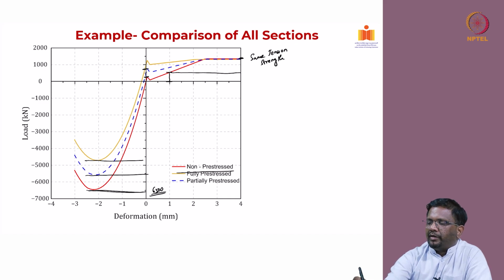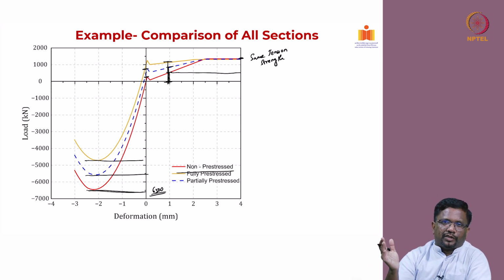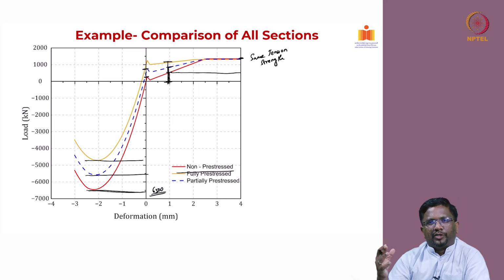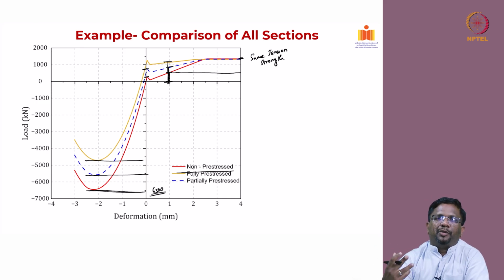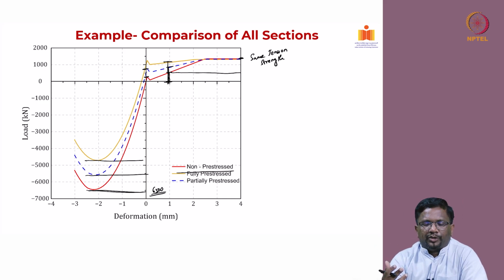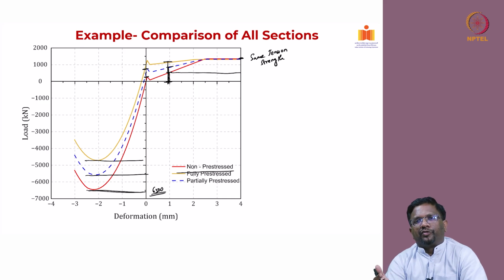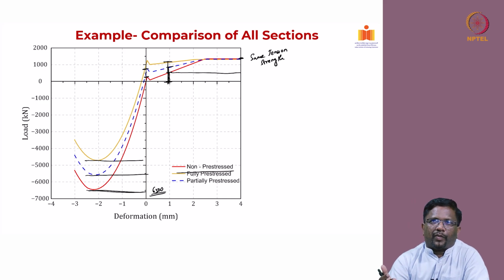Then the next one is this blue one, it is slightly higher, but pure prestressed section is going to be much higher. So, that means in tension prestressing is really helping in increasing the stiffness of the section, the stiffness of the member, and also for a particular deformation it is giving me more load resistance, right. So, your serviceability performance is also going to be much better, right.